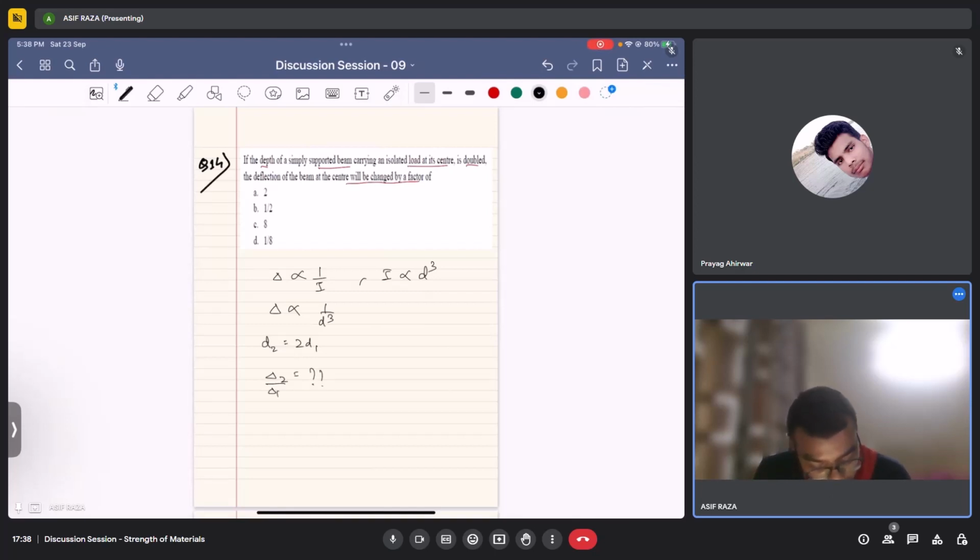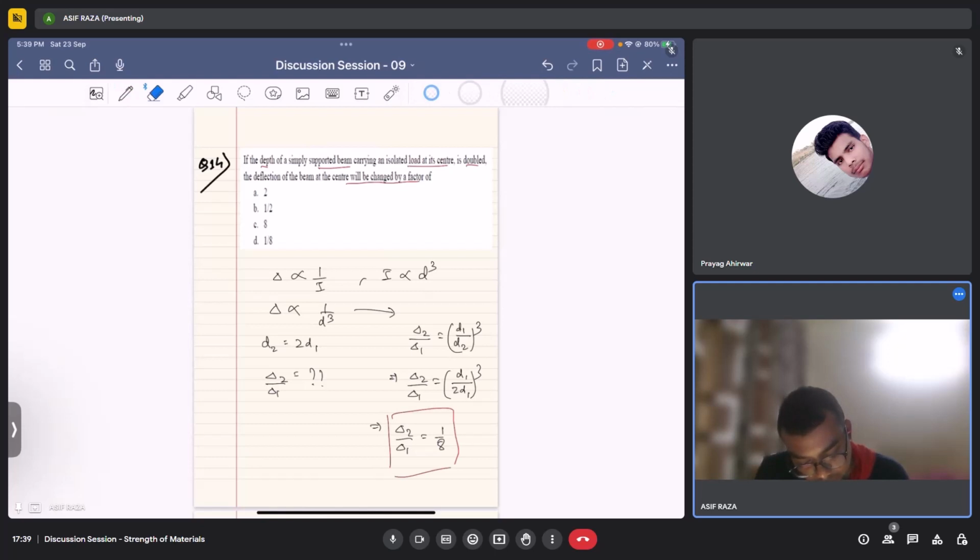We need to find this. So using this relation, my delta 2 by delta 1 would be equal to (d1 by d2) cube, and with d2 twice of d1, delta 2 by delta 1 is 1 by 8, and this is what we need.